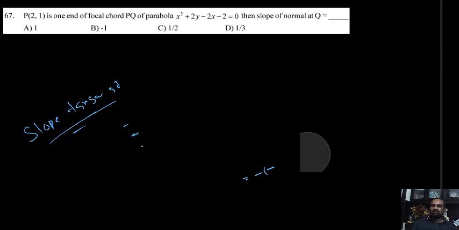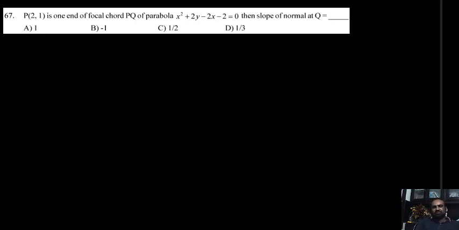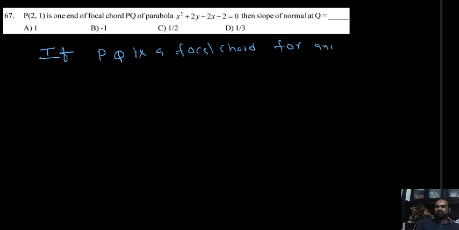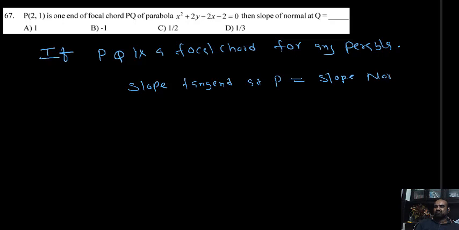I will write here: if PQ is a focal chord for any parabola, the slope of the tangent at P equals the slope of the normal at Q.